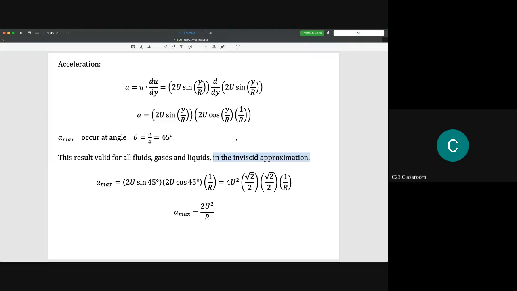That will ruin the equation. So normally this is used for the ideal condition, meaning in inviscid approximation, in inviscid flow.